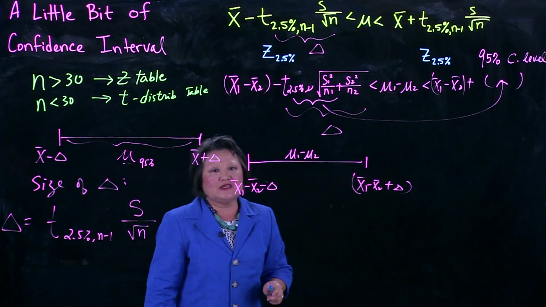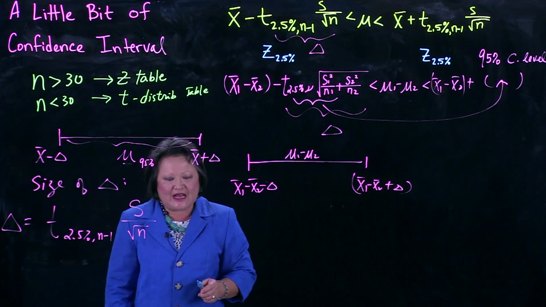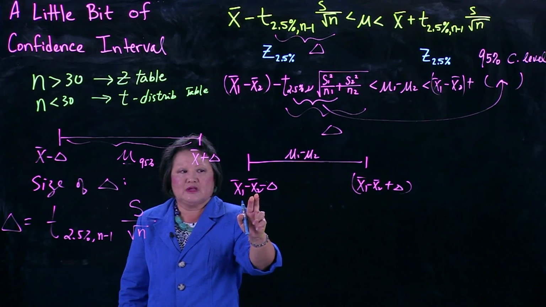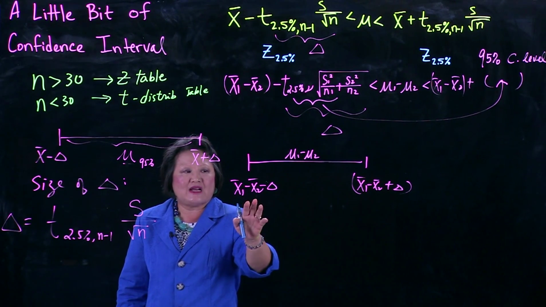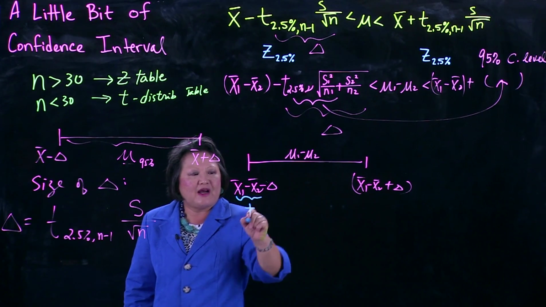Here's the most important idea. You want to improve something. You want to increase the lifetime of an engine. Let's say X1 is after, X2 is before. So you want X1 minus X2 to be a longer time. You want to make sure this entire interval is a positive number.